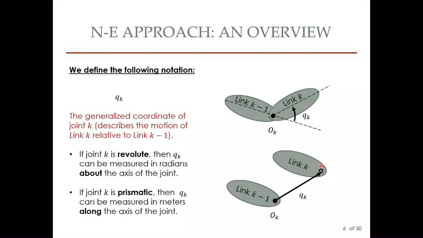And if joint k is prismatic, then it measures this distance along the axis of traveling, maybe some kind of d. But to generalize both revolute and prismatic cases, qk is the parameter used, and it's called generalized coordinate.